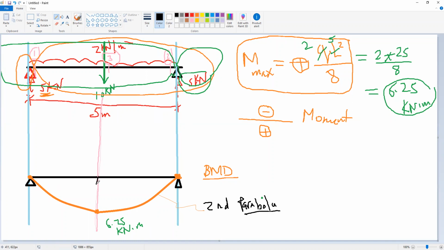So the maximum value is here at the midspan. And how much is this value? This value is 6.25, which is equal to Q L squared divided by 8. And what is the sign for this moment, positive or negative?